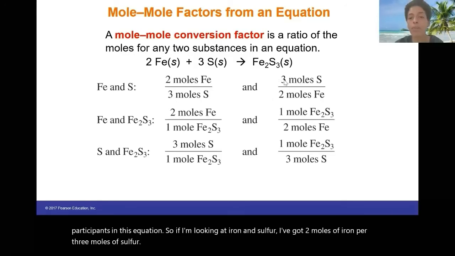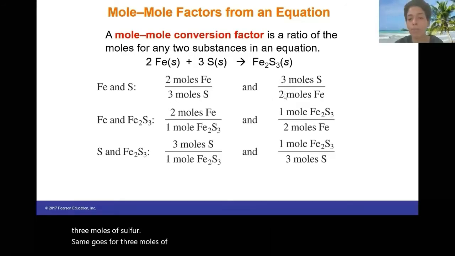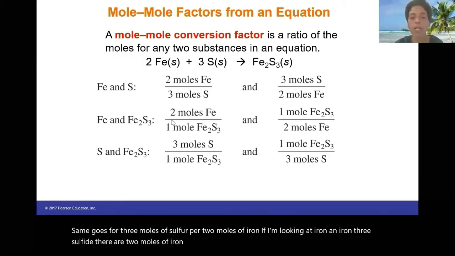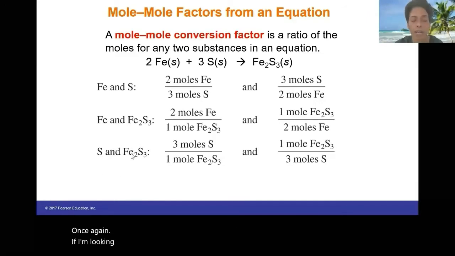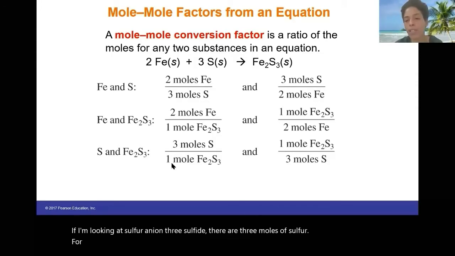Same goes for 3 moles of sulfur per 2 moles of iron. If I'm looking at iron and iron 3 sulfide, there are 2 moles of iron for every 1 mole of iron 3 sulfide, and I can swap that equality. Once again, if I'm looking at sulfur and iron 3 sulfide, there are 3 moles of sulfur for every 1 mole of iron 3 sulfide that's produced, and I can switch this.